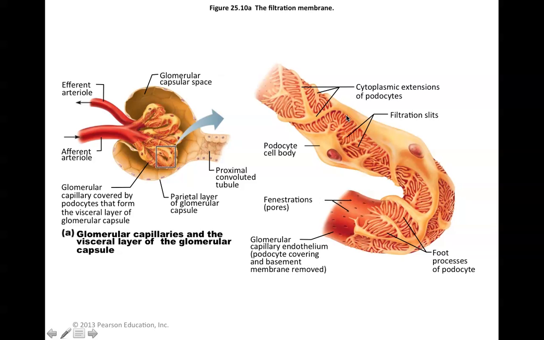They surround the entirety of the endothelium there, and they have these filtration slits in between. These slit diaphragms will allow for structures that are only about 10 to 20 nanometers in diameter through. Remember that albumin is about 35 nanometers in diameter, so these slit diaphragms won't let albumin or any other protein through. So if they weren't already repelled by the glycoprotein layer, they will not slip through the foot processes of the podocytes.